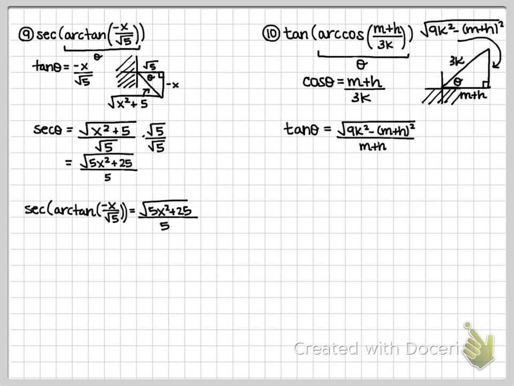So our answer, going back to the original question, tangent of arccos of m plus h over 3k is equal to that mess that we just found. Square root of 9k squared minus m plus h squared, all over m plus h. I don't even have to think about rationalizing this because there are no radicals in the denominator. And that does it for 4.7.